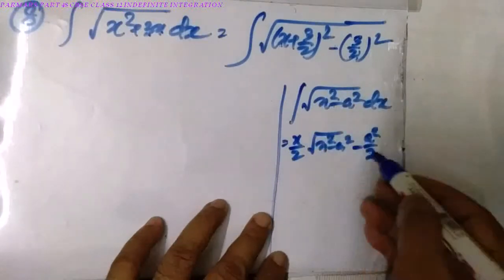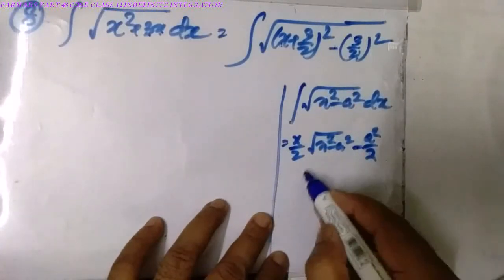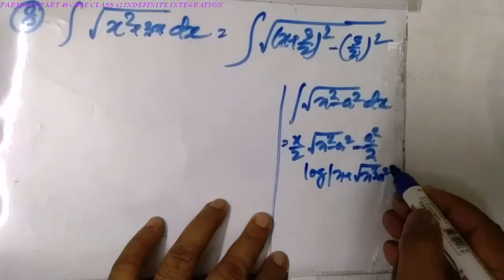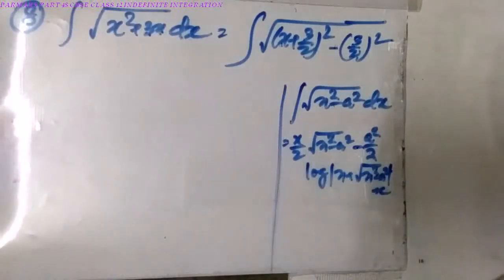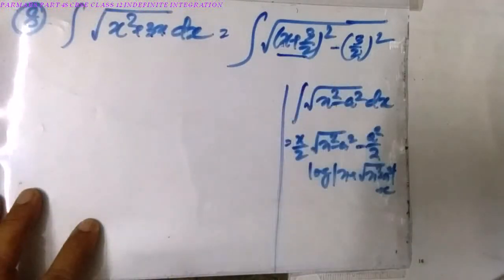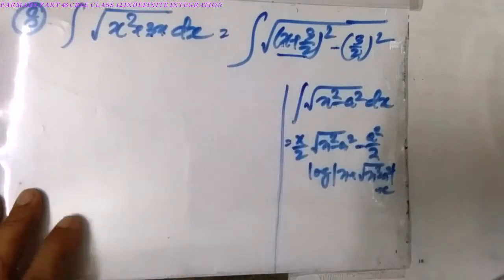The only difference here is minus a square, and the rest is log x plus root under x square minus a square. I think this one is the integration. Am I right? So using this one, we are going to take it directly, because in place of x we have a linear expression of x with coefficient of x as 1.